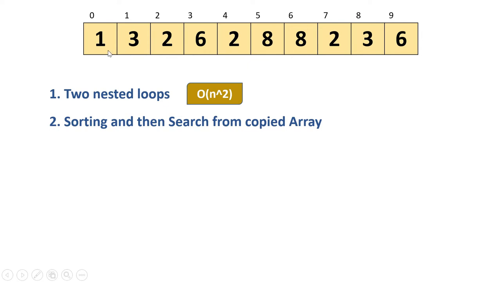So 1 will be here, then all the 2s come together, then all the 3s come together, then 6, then 8. Then we can search from the main array, and we will get the result. As the sorting itself will take n log n time, in total it will take O(n log n) time in this case.